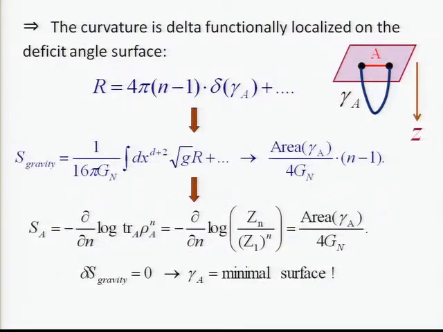If we admit this assumption, assuming that this is the true answer, then we can compute the contribution to the gravity partition function. If we have a deficit angle, we have a delta-function divergent piece of the Ricci scalar, always with coefficient n minus 1. N equal 1 is regular geometry, so n minus 1 is the coefficient of this delta function. If we assume it is localized on this surface gamma A, then we evaluate.